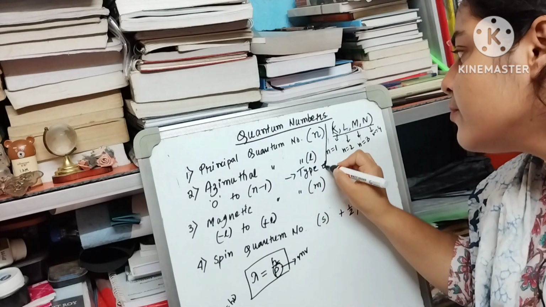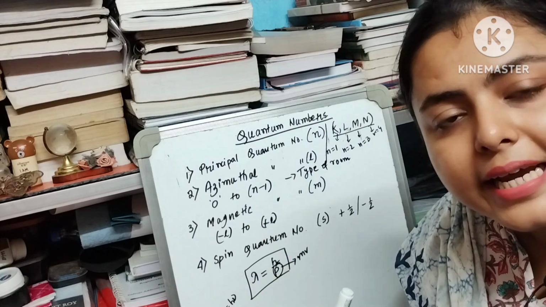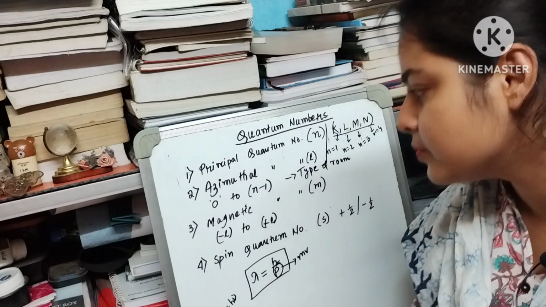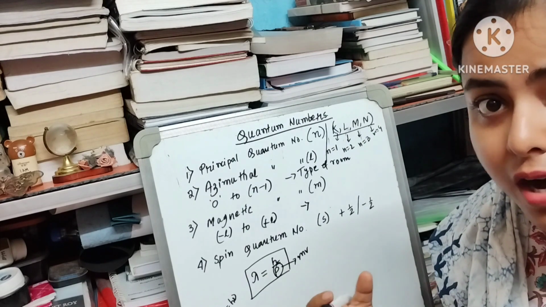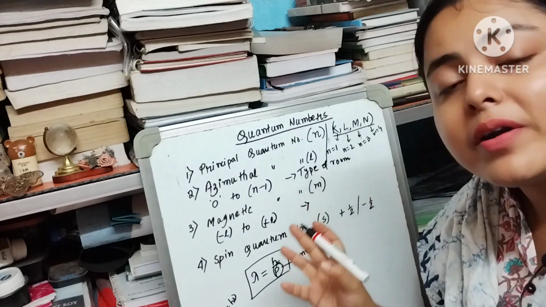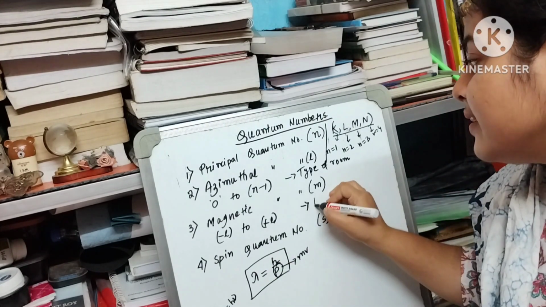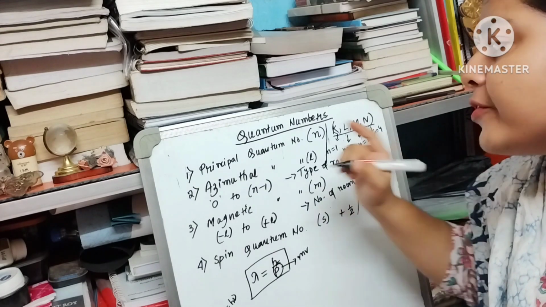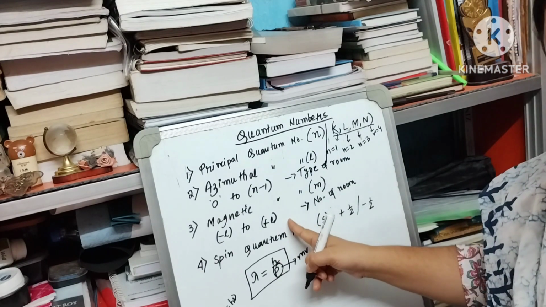If we are getting two values of L, that means two types of room will be there, not two rooms, two types of room. The magnetic quantum number, in terms of our general consideration, represents the number of rooms. For each value of L, we will get specific values of the magnetic quantum number.